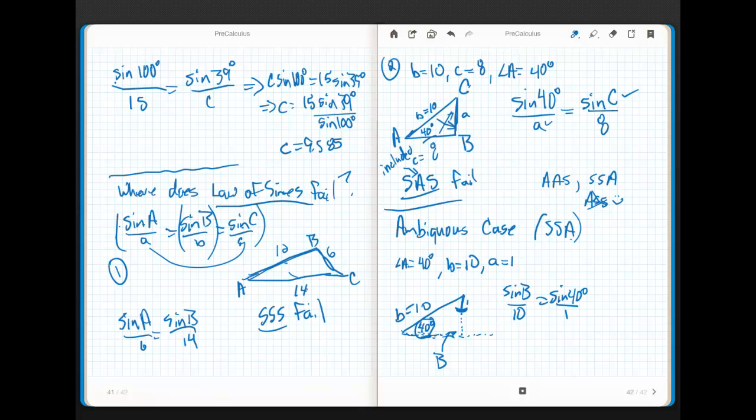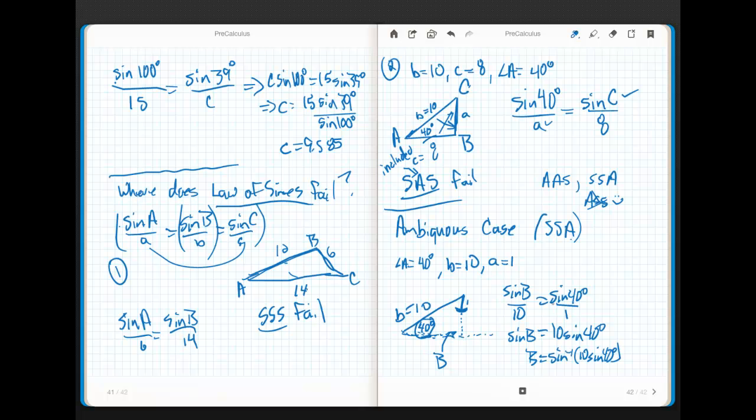Everybody agrees with that? So sine of B is equal to 10 sine 40 degrees. So B is equal to the inverse sine of 10 sine 40 degrees, correct?